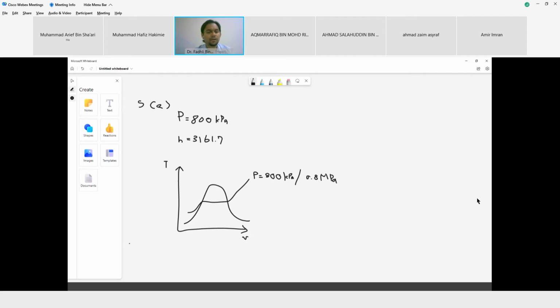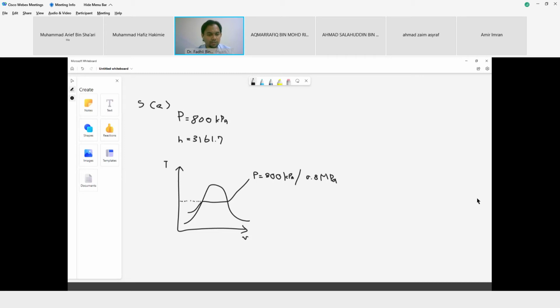Okay. Enthalpy is 3161.7. We cannot plot this value yet because we need at least one reference value. Otherwise we cannot plot. So this one you can draw.